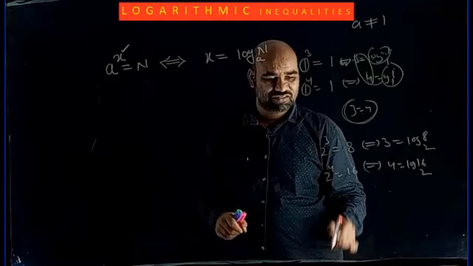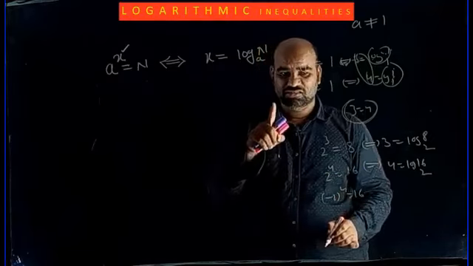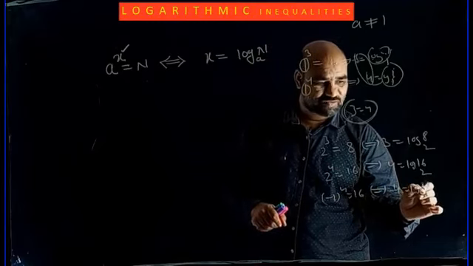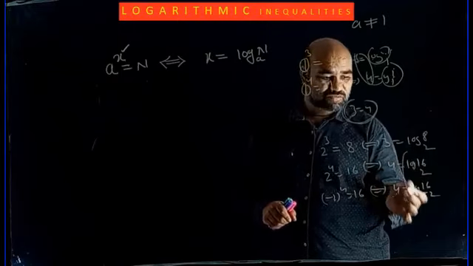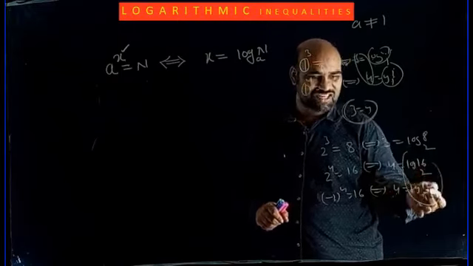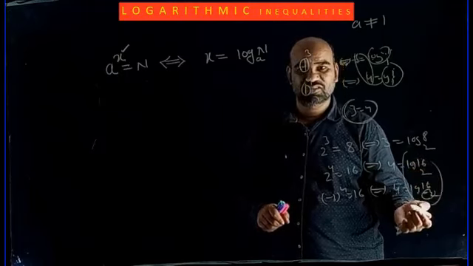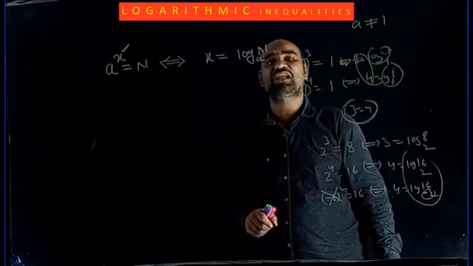Minus 2 power 4 is also 16, so this can be written as 4 equal to logarithm of 16 base minus 2. So LHS parts are equal, RHS parts should be equal, but they look odd, log 16 base 2 and log 16 base minus 2. That's why the bases are not taken as negative real numbers.